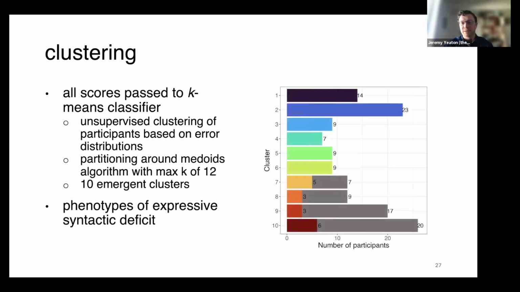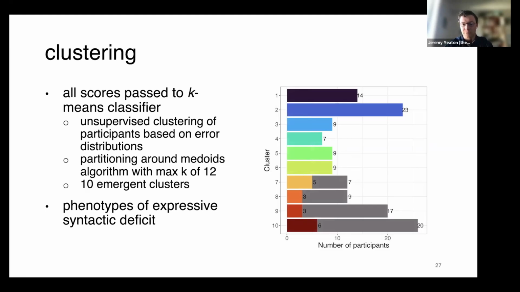So this is the membership of each of our clusters. The ordering put out by the algorithm is arbitrary, so I picked the order. But we see that the colored bars are people with aphasia and the gray bars are healthy controls.